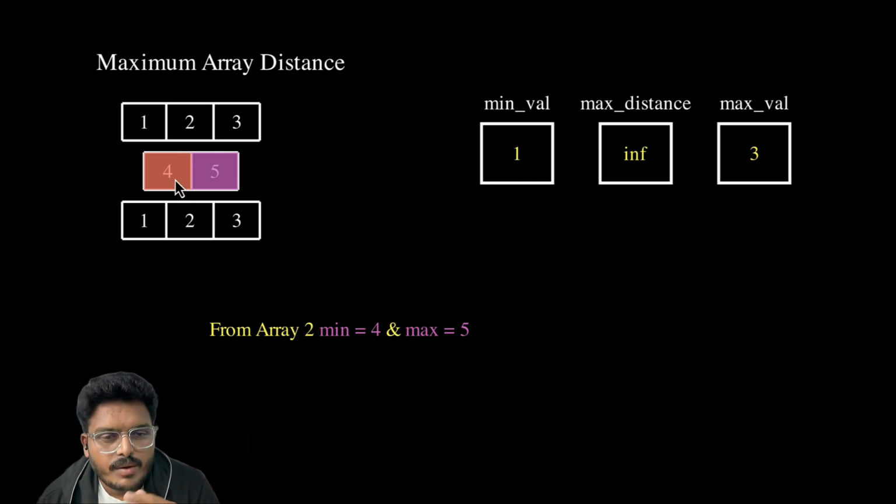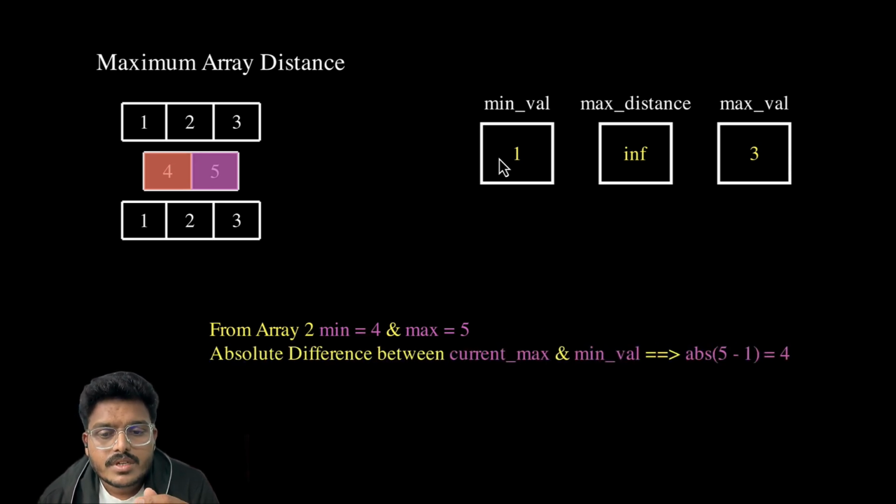So now we compare the two. We take the absolute difference, which is the current maximum value minus the minimum value till now. The current max is 5, and the minimum value till now is 1, so the absolute difference is 4.